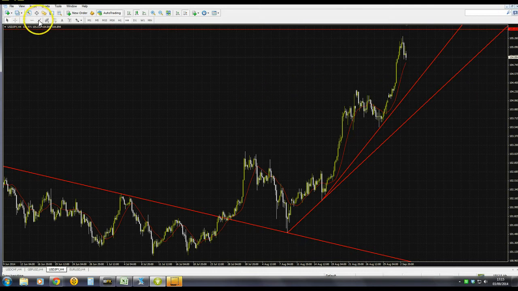But once again, how not to draw the trend line is carry on from here and draw it to that point. That's not how it's done. You need to start at the top and work your way back in time at this point.